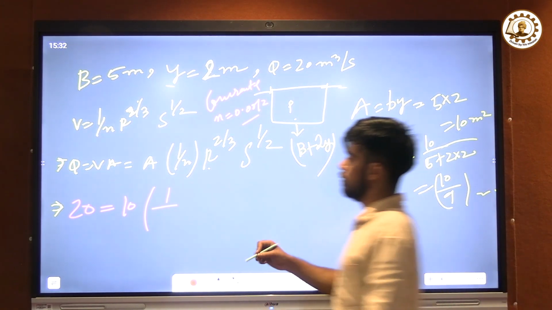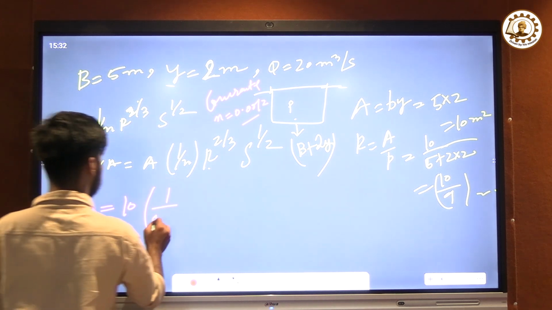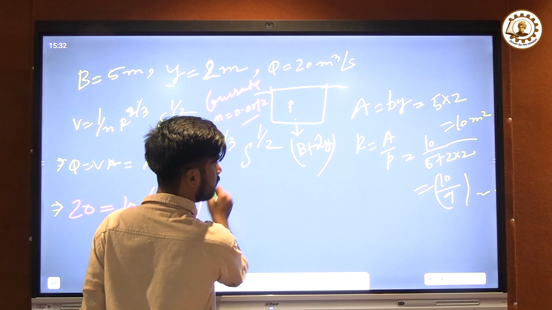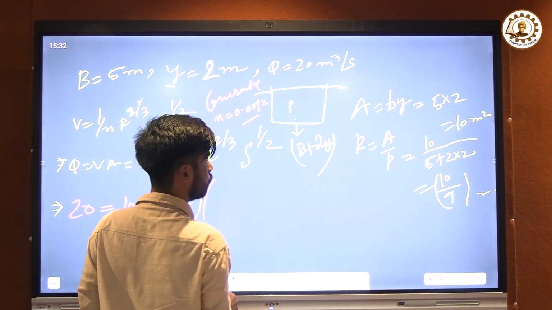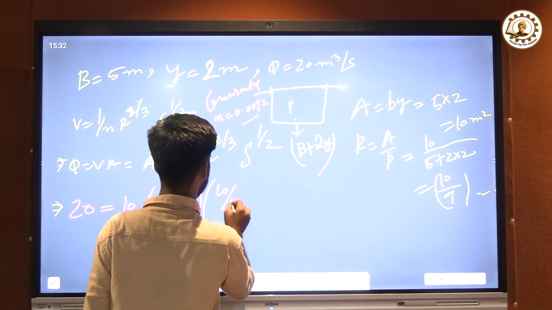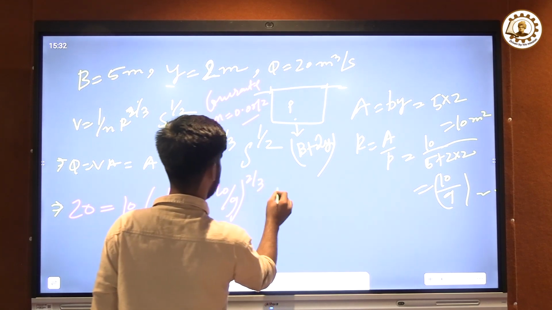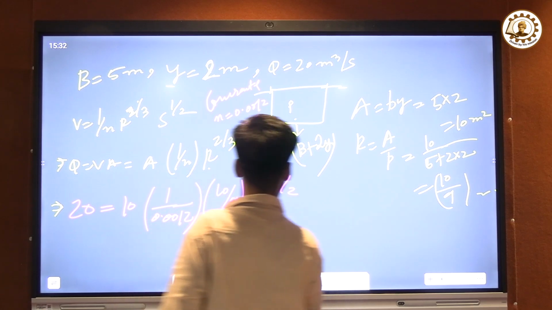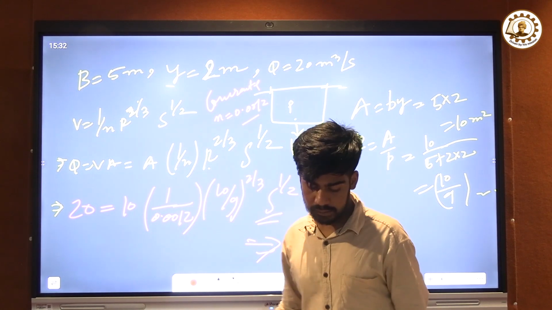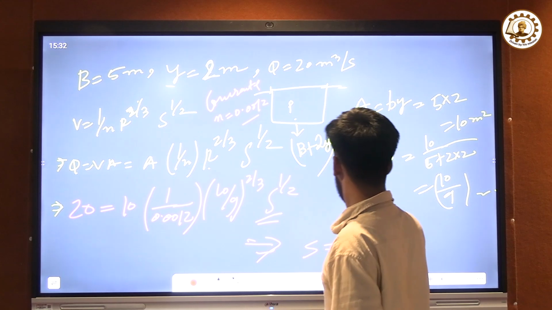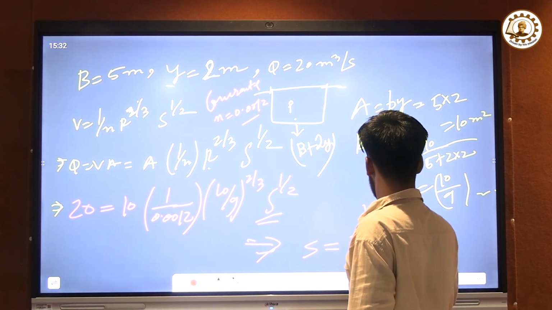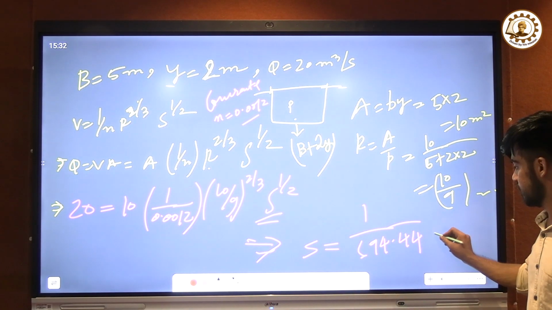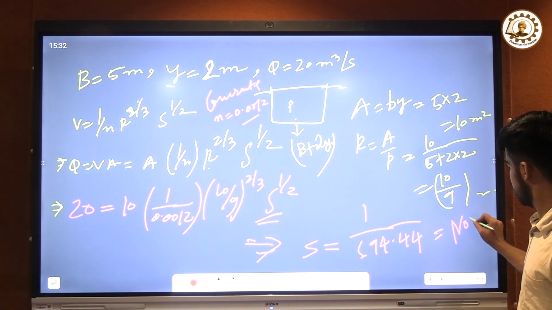If we put 0.0012 and the R value, 10 by 9 to the power 2 by 3 S to the power half, we can easily solve for S. The value will be 694, which is dimensionless, non-dimensional.